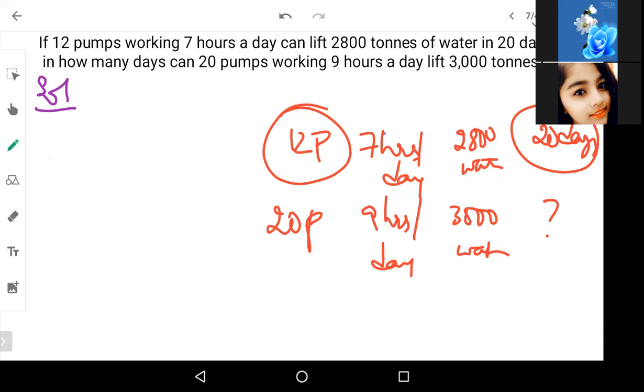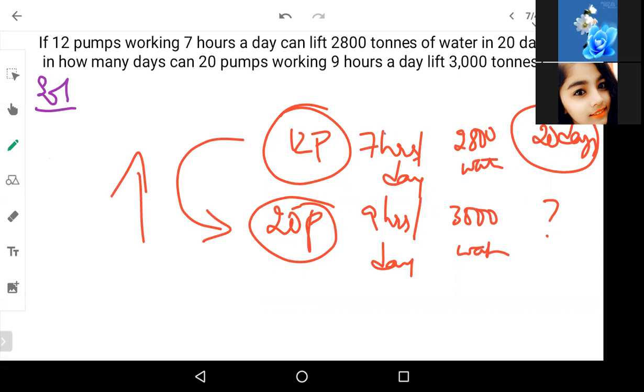Now if you understand here, the capacity of the work, what is the capacity? 12 pumps and 20 pumps. Now if you see, from 12 the number of pumps has increased to 20.